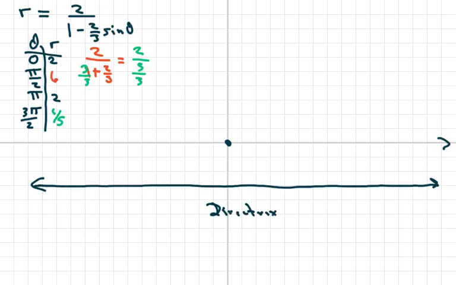So let's plot these as polar coordinates. 0 goes to 2. This is 2 comma 0. And also we have it over here, 2 comma pi.